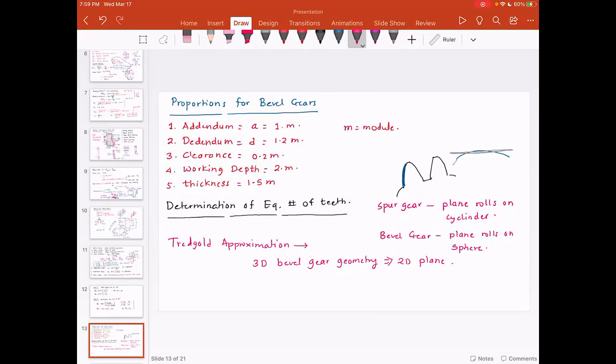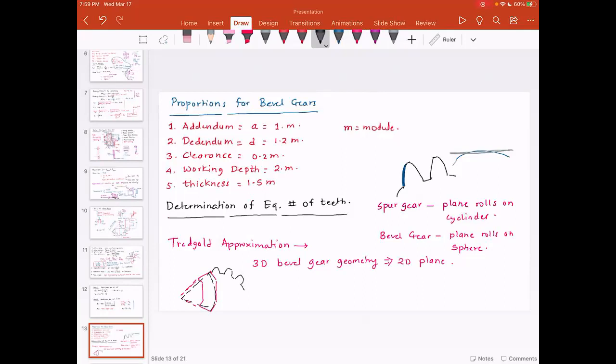Without going into much detail, if you think about the bevel gear, you have a cone rolling on the sphere, and you can have a projected gear on the backside.